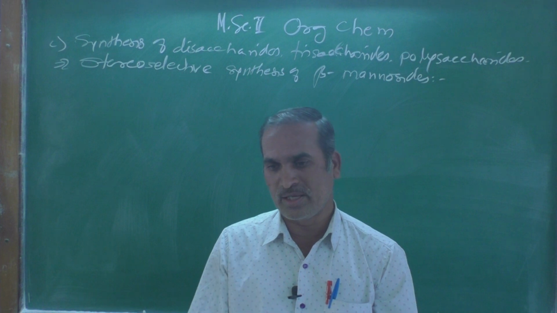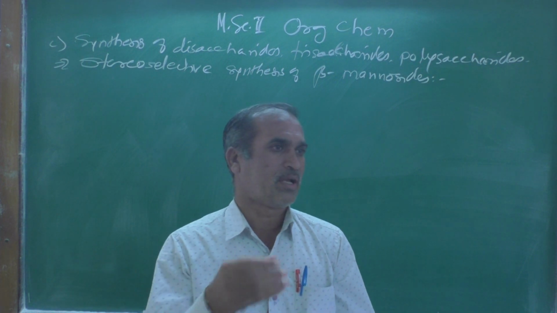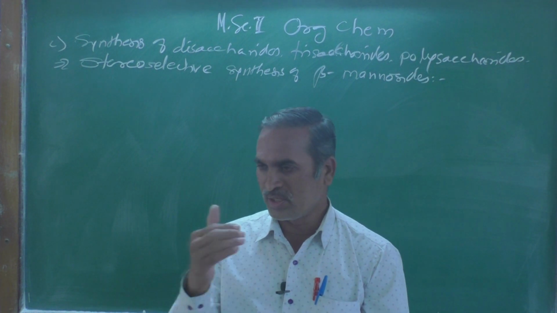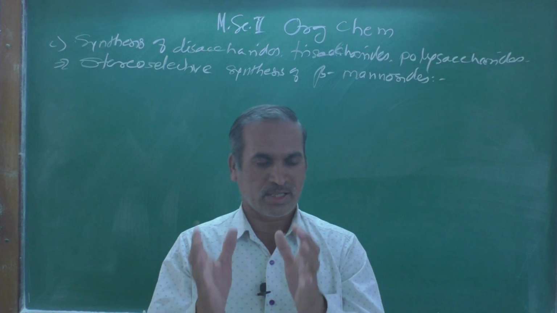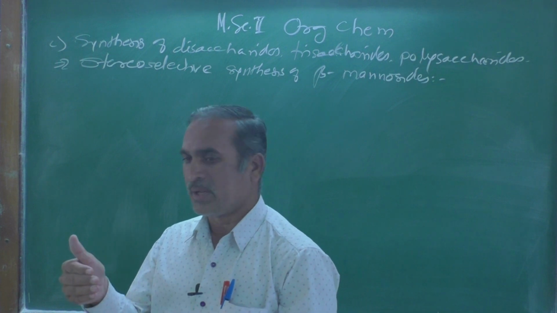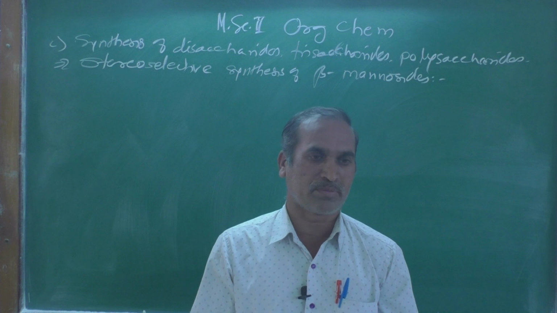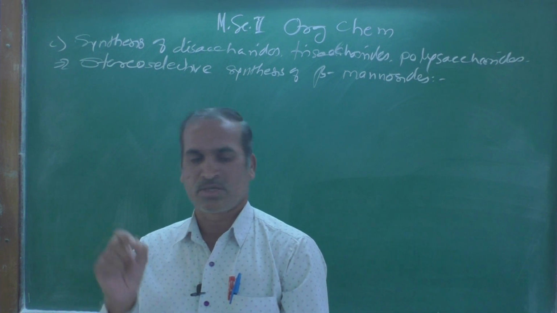How is alkylation present there, and how do we recognize whether that sugar or carbohydrate derivative exhibits the reducing property or the non-reducing property? That depends upon the structure.